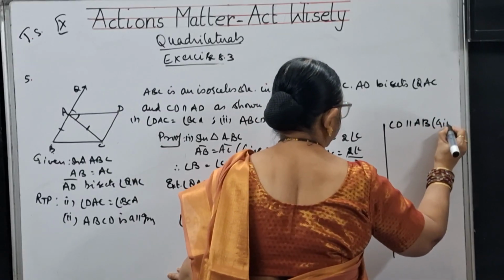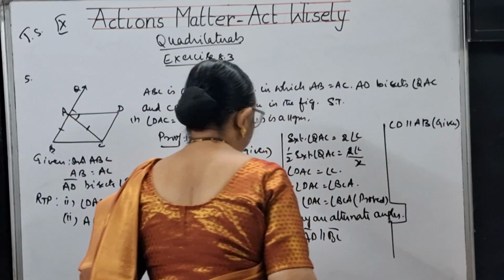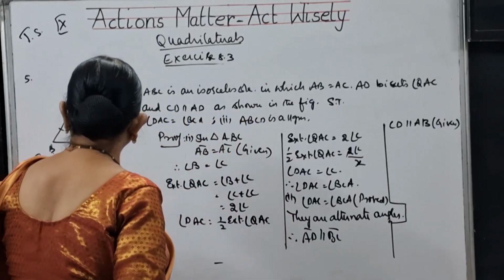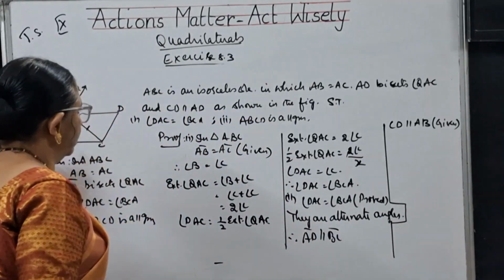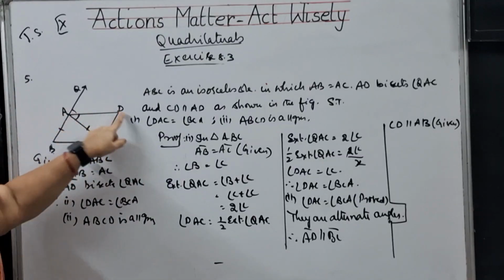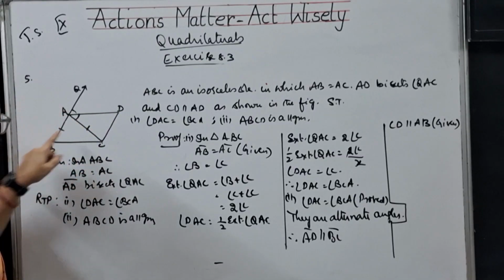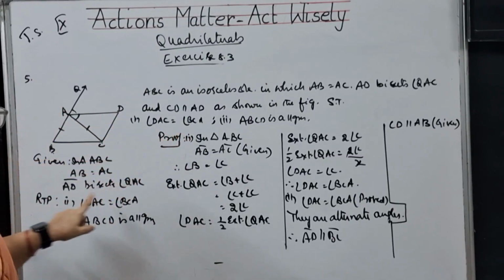This is given to us. So you see, children, AD is parallel to BC, we have proved, and CD is parallel to AB, they have given.